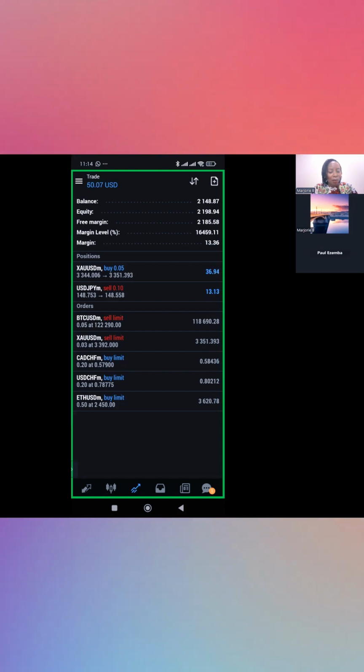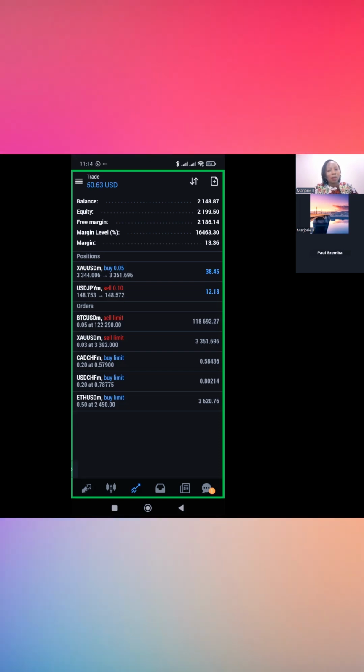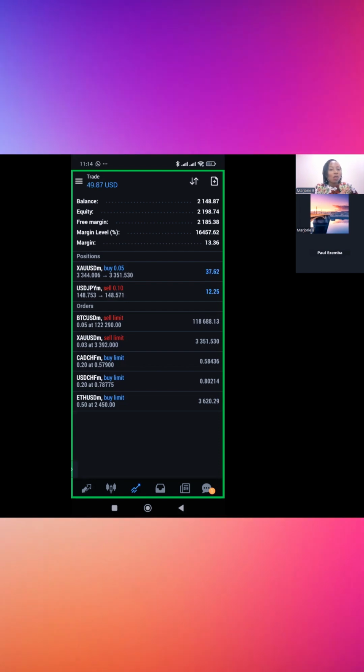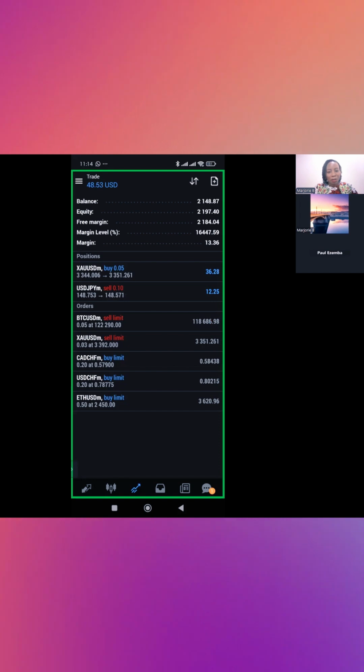That way I don't overtrade an account. So the overtrading in this aspect is overtrading on the account, not on the person. There's overtrading on the account and overtrading on the person.